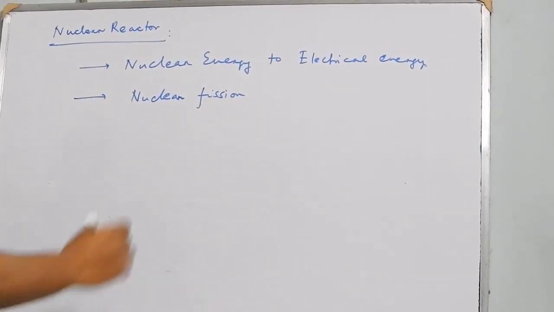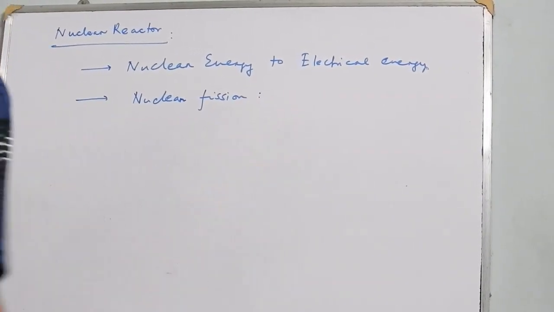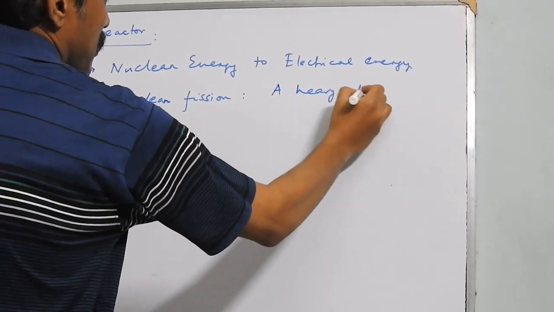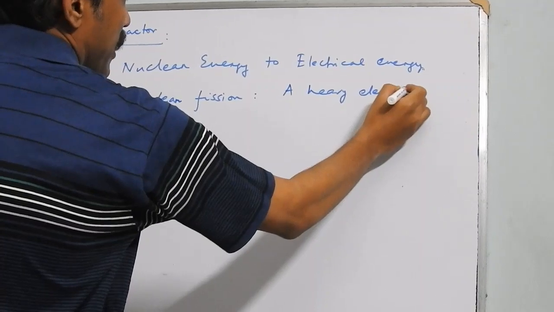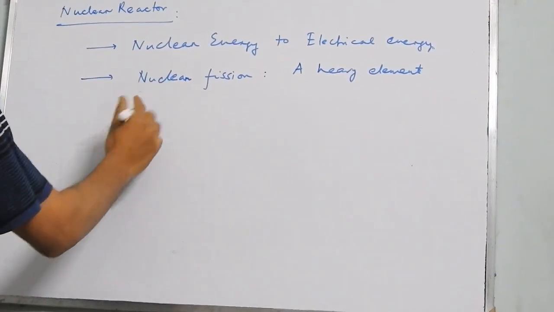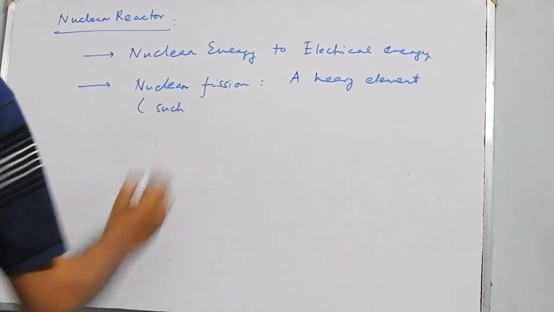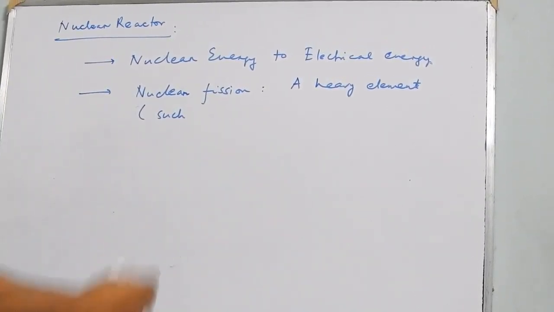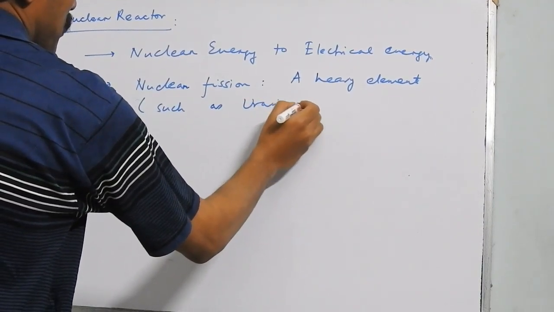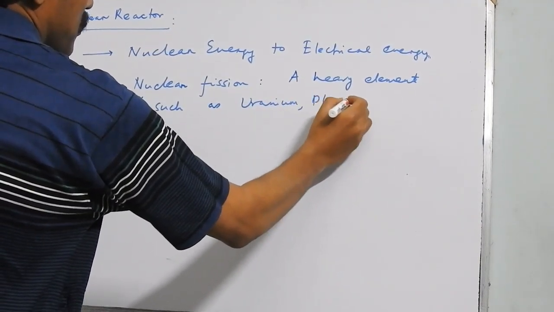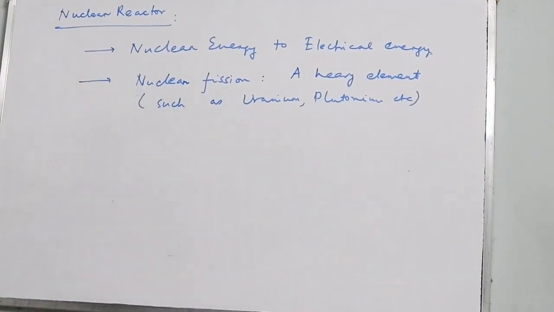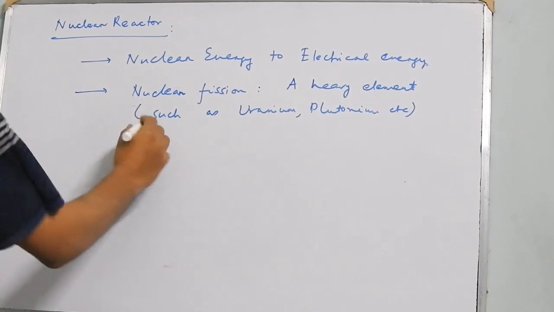So nuclear fission is a process where a heavy element such as uranium, plutonium, thorium, etc., splits into lighter nuclei.